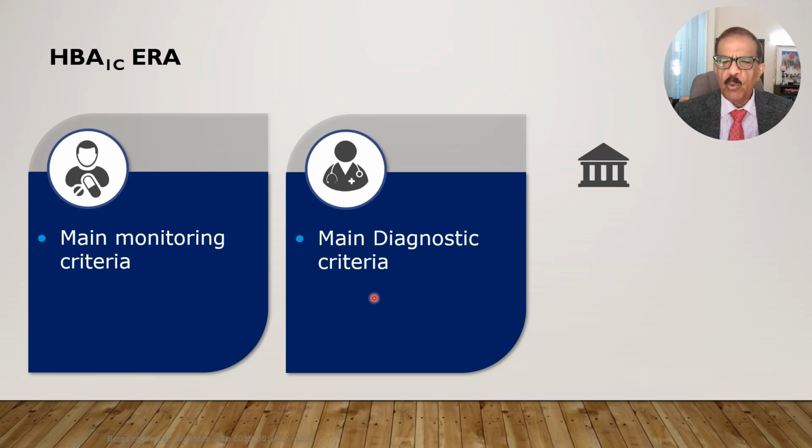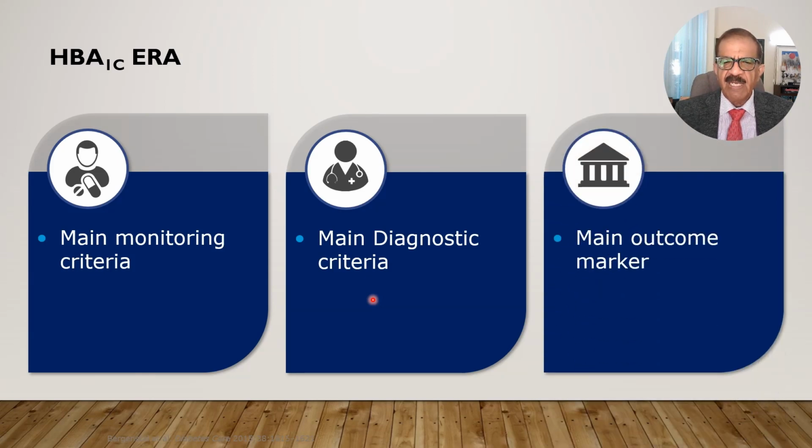And anybody who has an HbA1c of 6.5% or above is a diabetic patient. And then the intermediate range, 5.7 to less than 6.5, is called pre-diabetes. This pre-diabetes itself has two categories, but based on A1c, anybody having an A1c of 5.7 to 6.4 would be called pre-diabetic.